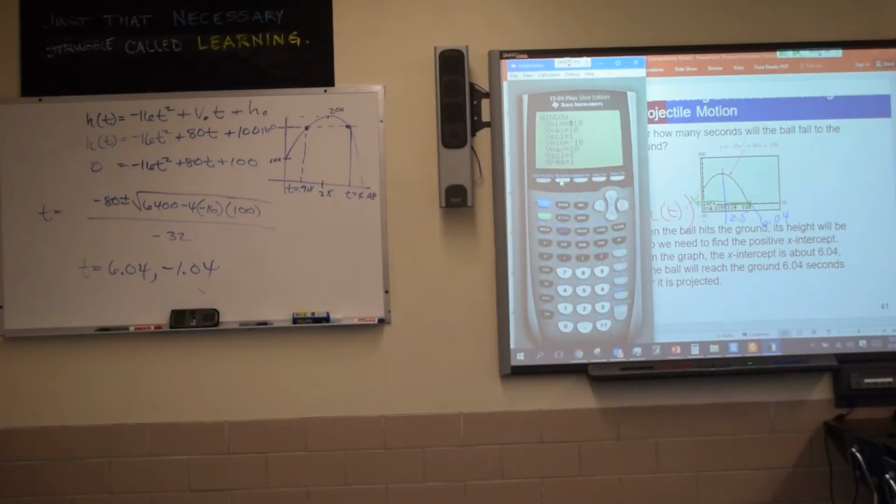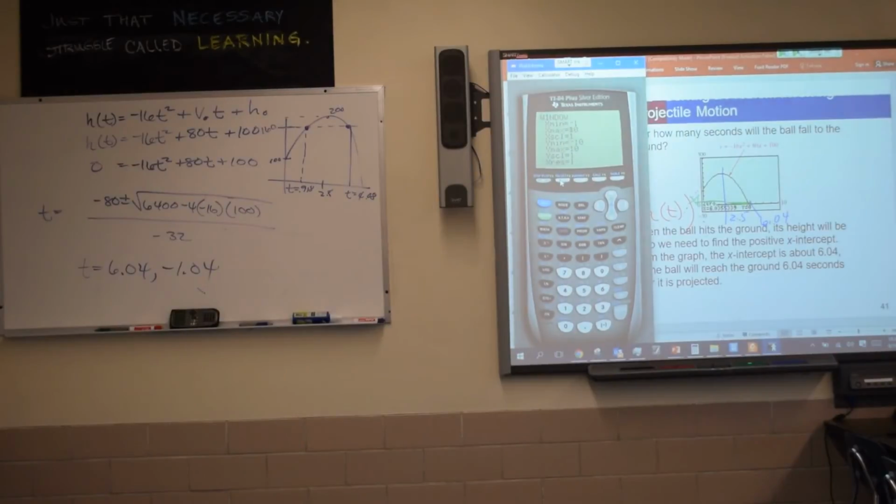But we've already done a lot of this, so let's say the x minimum. I'm really not interested in anything to the left of the y-axis, right? So let's just make our x minimum either 0, or maybe -1 or -2 or something like that. Our x maximum now, what was the x-intercept's largest value?